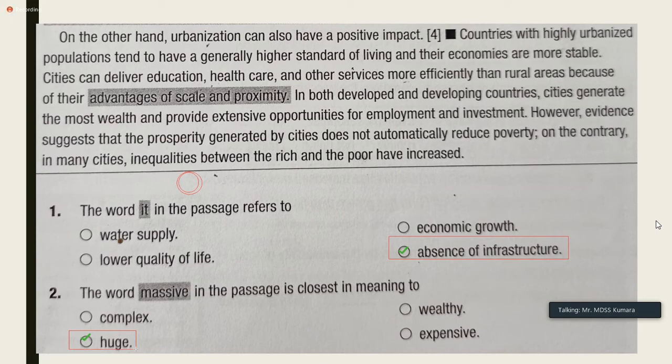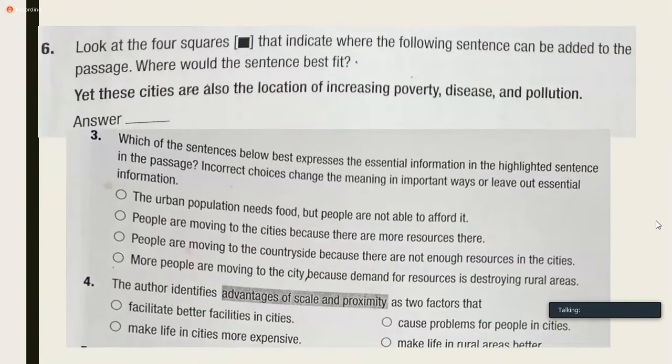Yeah, massive means huge, very big cities, very big joint cities. Okay. Question 1, the answer is absence of infrastructure. Question 2, the answer is huge.